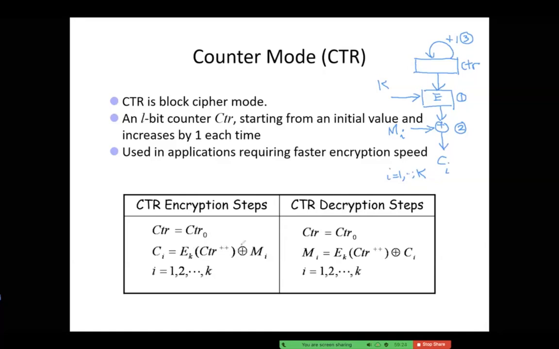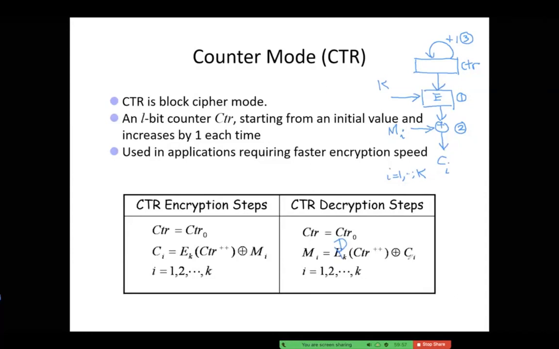The encryption is the exclusive or with MI. For the decryption, you start with the same counter value, you encrypt the counter value, and then you exclusive or with CI, which is what you received, and then you get MI.